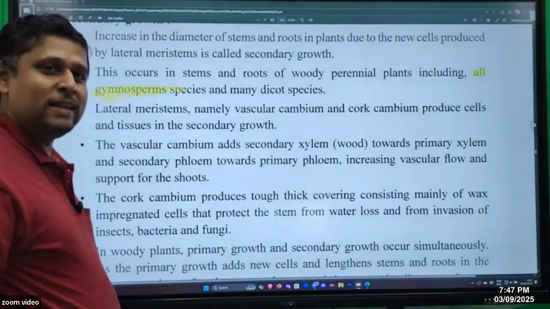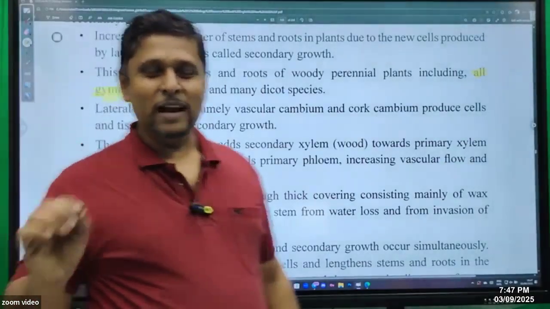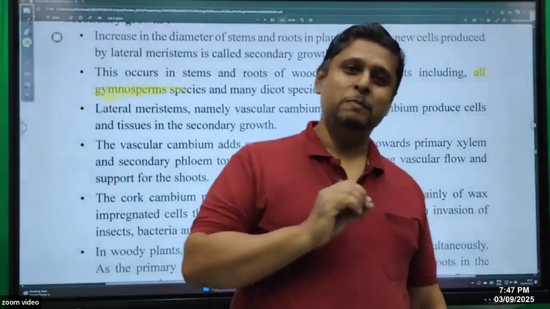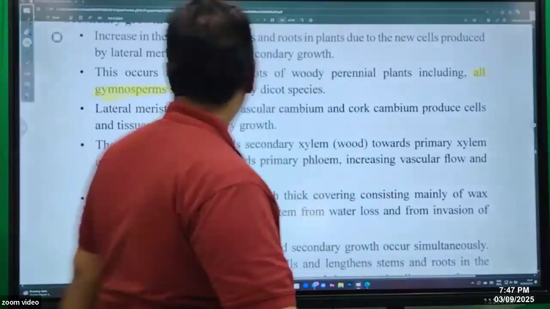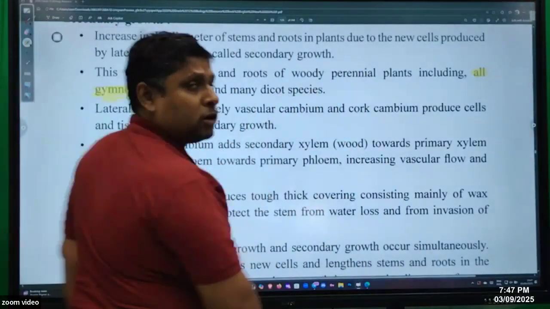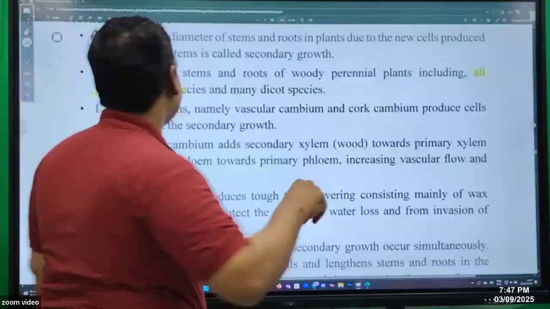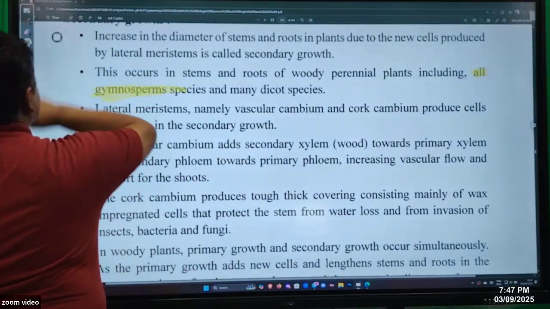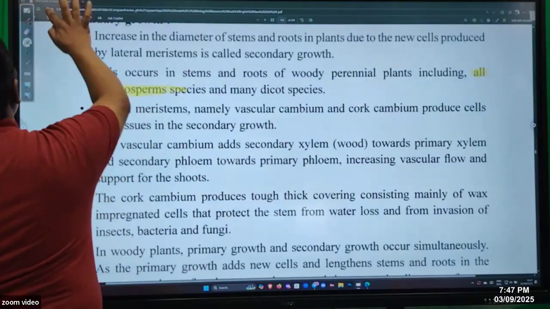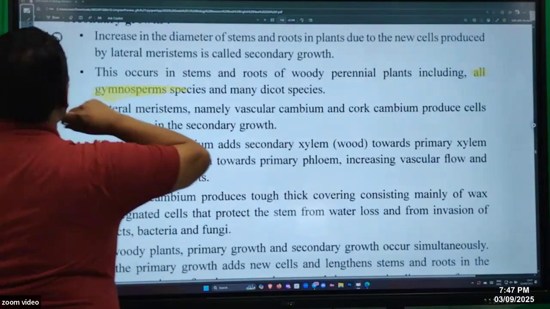That is very important. And you can't say all angiosperms, but many of the dicot species, this happens too.